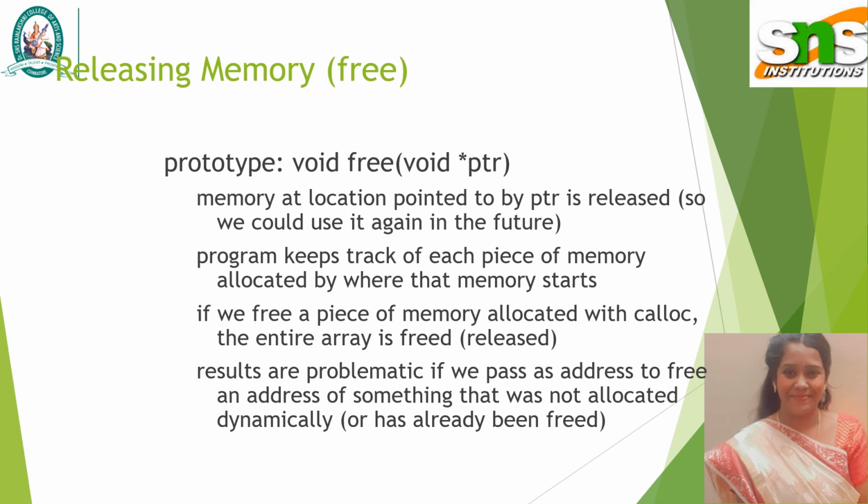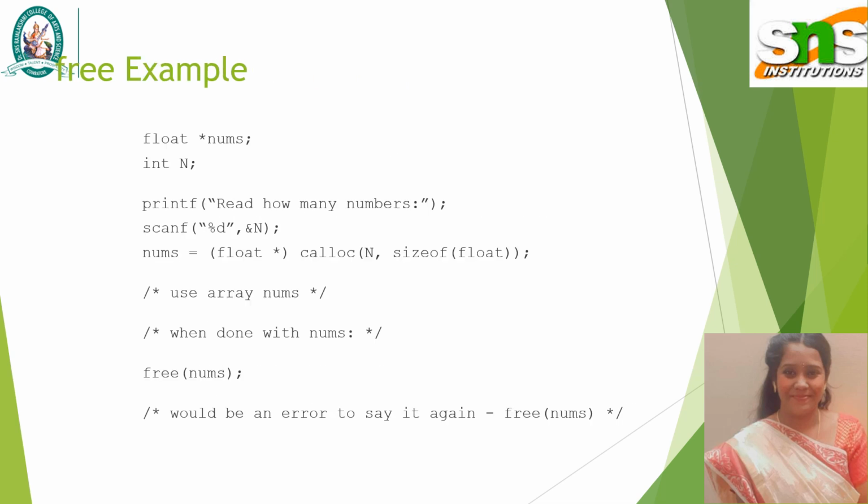If we free a piece of memory allocated with calloc, the entire array is freed, and the results are very problematic if we pass the address of something that is not allocated dynamically to free. When we go for free, we use a keyword like nums, allocated with calloc, that is freed after allocation. Only after allocation can you use free. Without any calloc or malloc or realloc, we cannot use free at all.